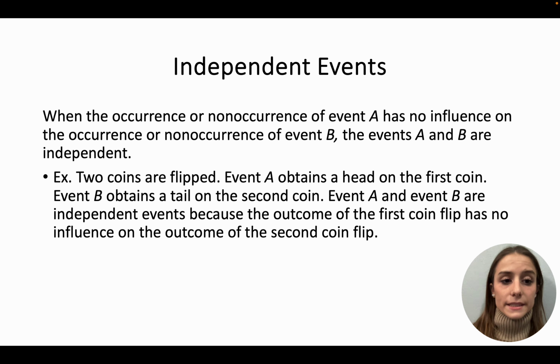Event B contains a tail on the second coin. Events A and B are independent because the outcome of the first coin flip has no influence on the outcome of the second coin flip. They're 2 separate coins, so they're not going to have any effect on each other.